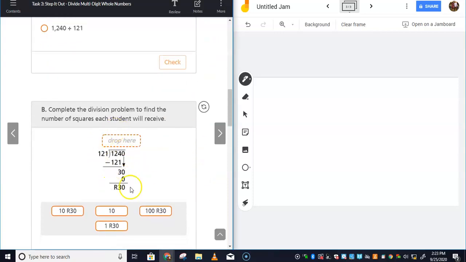Now they have it here for you already, but I'm going to write it over here so we can actually work it out a little bit. So I have 121 dividing into 1,240. 121 cannot fit into 1.